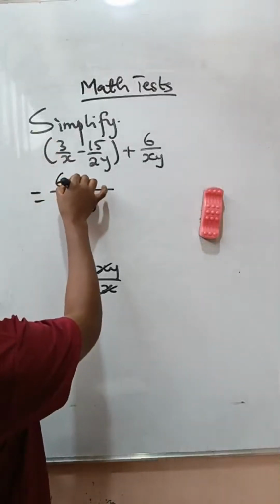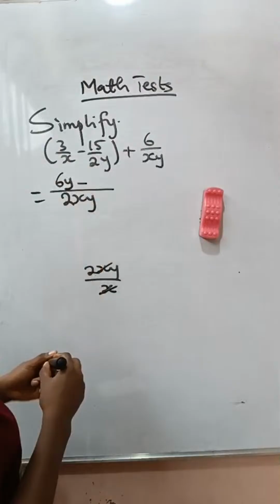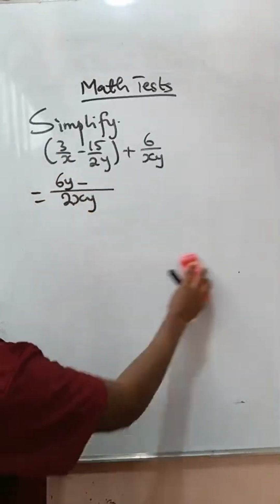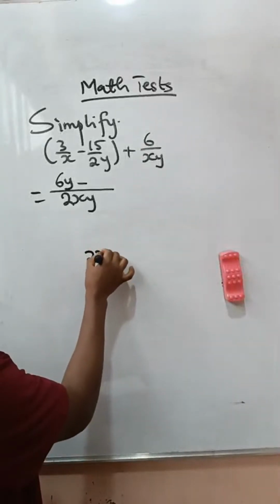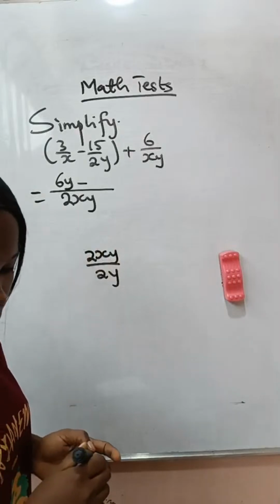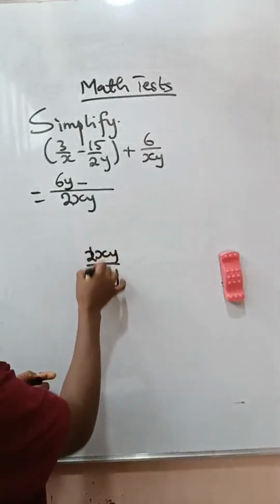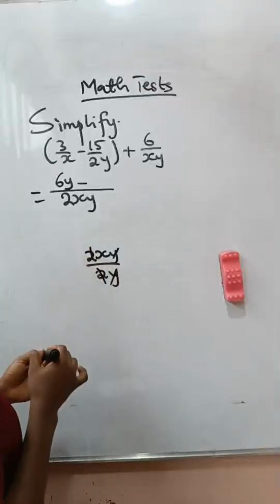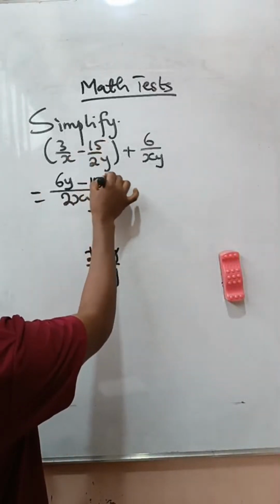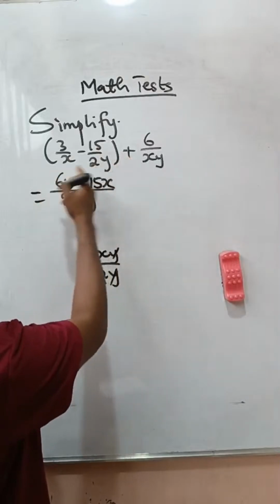So we have 6y minus, now 2y divides 2xy. So 2 we remove 2, y we remove y, we are left with just x. So x times 15 will give us 15x. All right, now we have solved the bracket.